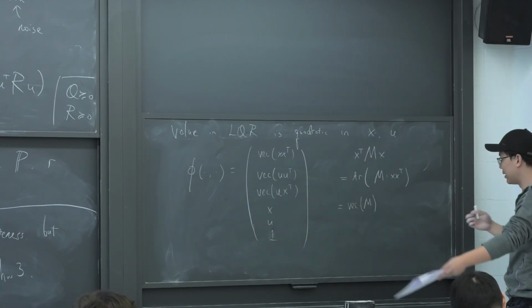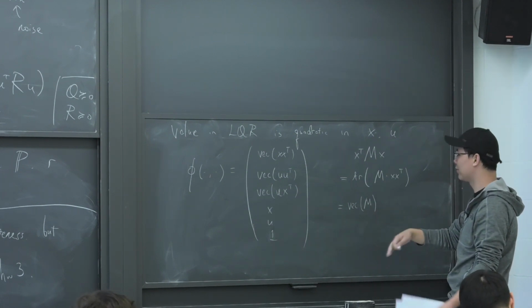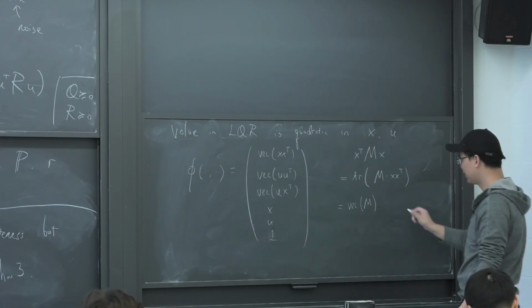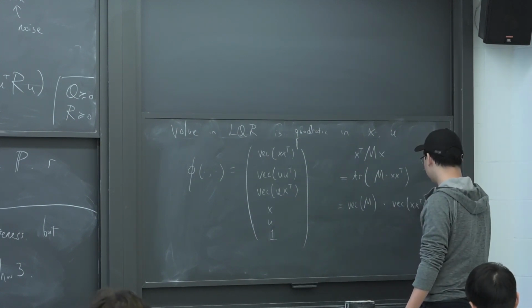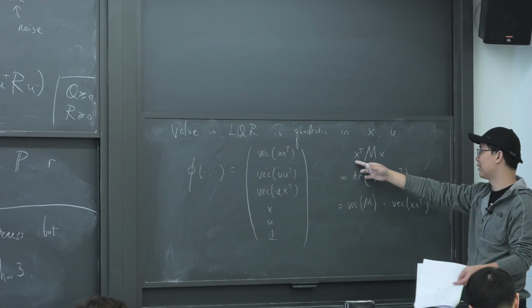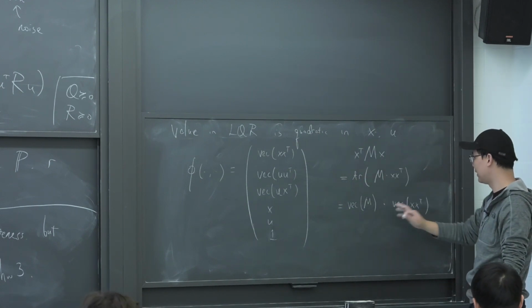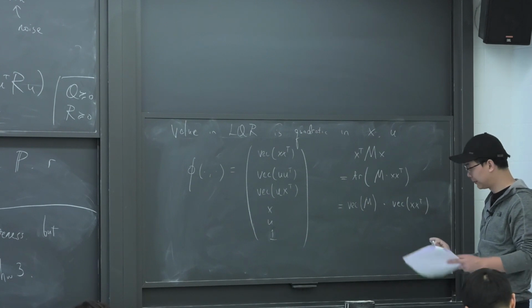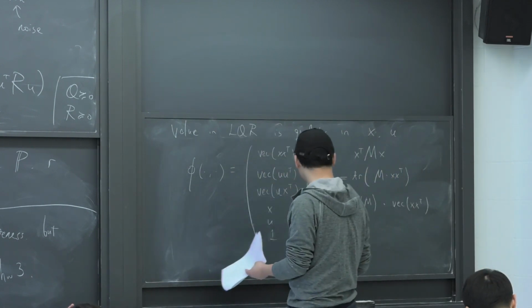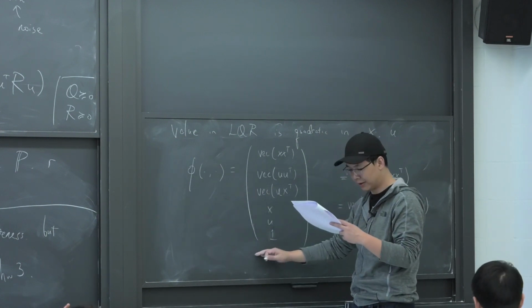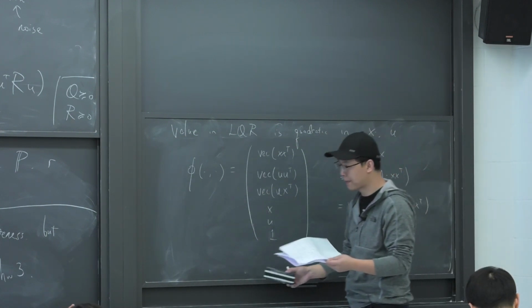We can make this d by d matrix a d-squared-dimensional vector, in an inner product with the vectorized version of xx transpose. So although it's quadratic in x, it's linear in xx transpose. Okay. So when we talk about LQR as linear completeness or linear MDP, we talk about it in this feature vector. And we will talk more about this in the homework.